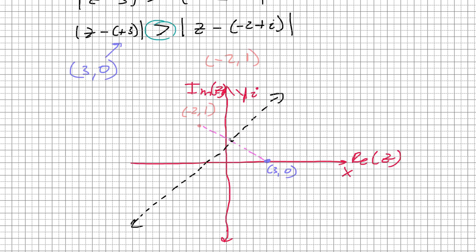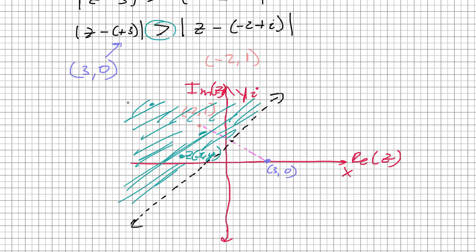So I need to be on this side of the line, because if I'm over here, I'm further away from this point than from this point. If I'm here, I'm really close to this point and quite far away from the other. If I'm over here, I'm a fair distance from here, but even further from this point. So this entire region defines where z could be. We label it z, x, y, and color in the region. So this entire region now defines the locus of z.